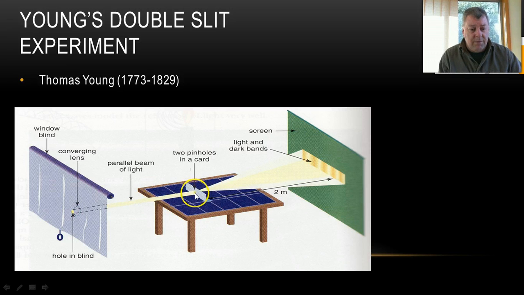And in various situations they did that, fired single photons, and even when you fired single photons, you got an interference pattern. So the conclusion from that is, of course, that a single photon went through both slits at the same time, re-emerged, recombined, and interfered with itself, effectively, to produce this interference pattern.